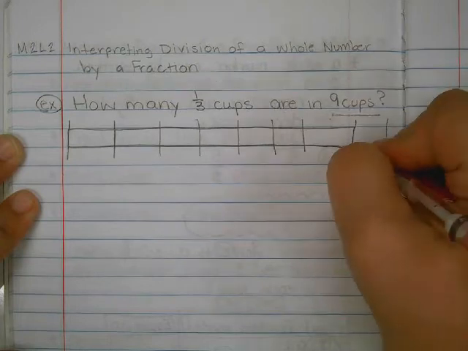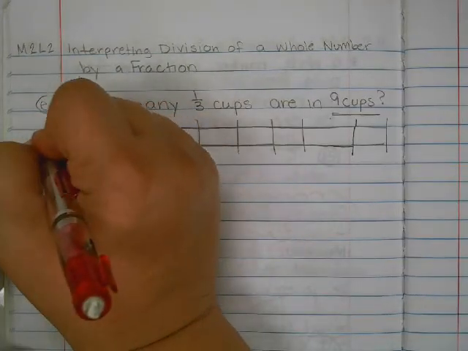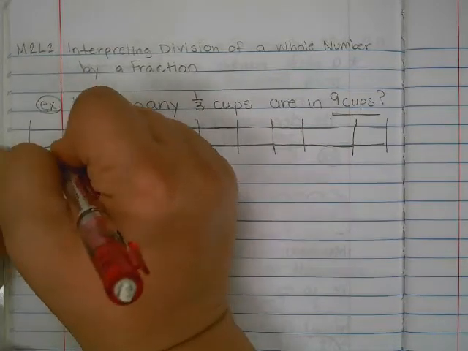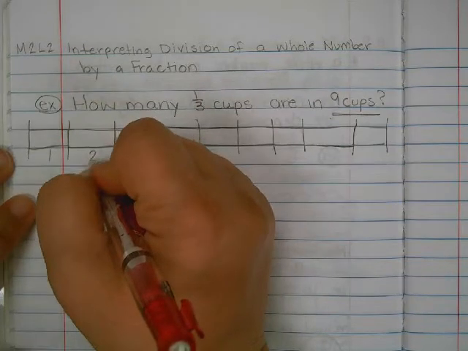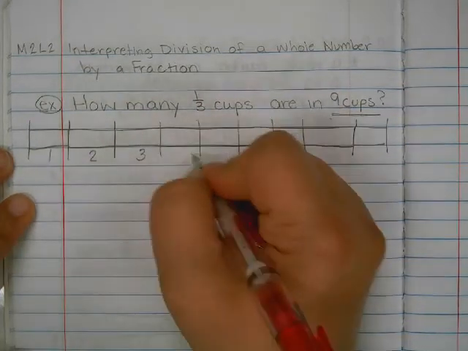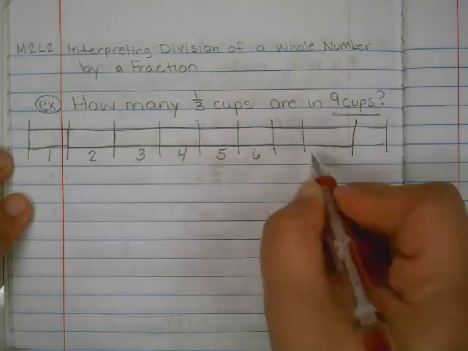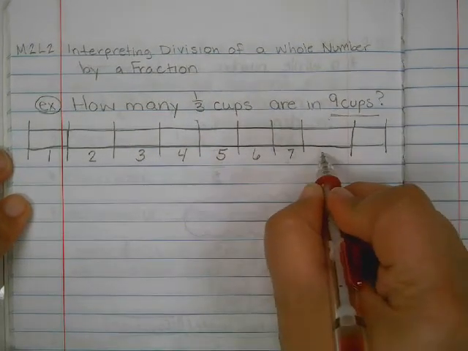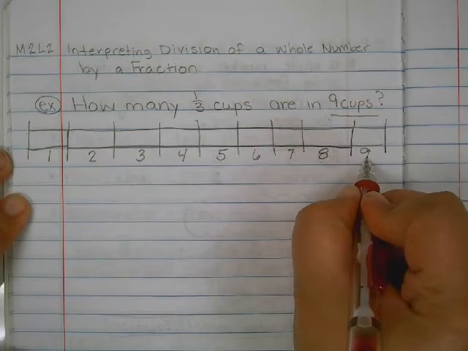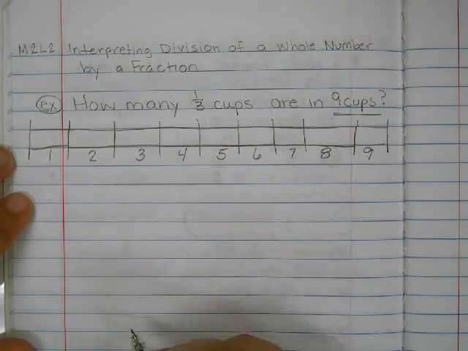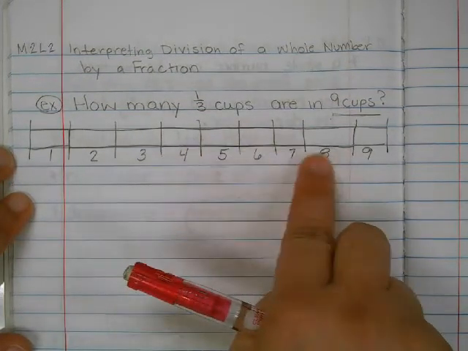I'm going to have to make this a little bit bigger so that I actually have 9 on there. So let's see. If this is 1 cup, 2 cups, 3 cups, 4 cups, 5 cups, 6 cups, 7 cups, 8 cups, 9 cups. So the whole thing represents the 9 cups.